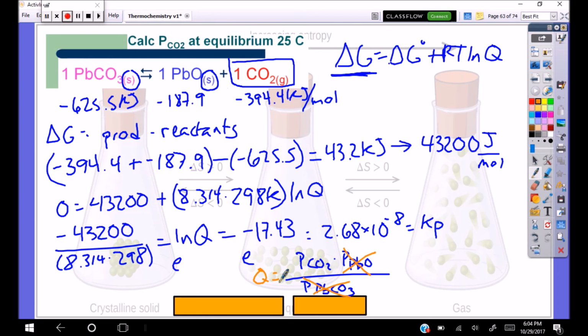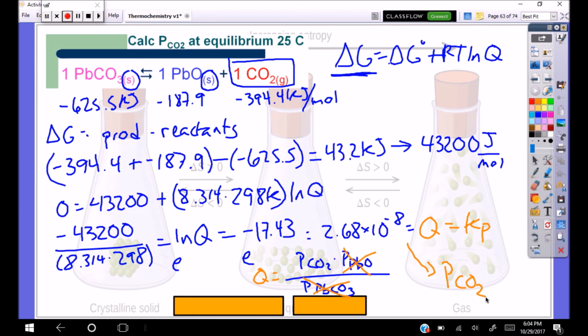So since this is equal to Q, which is equal to Kp, we also know that this is equal to our pressure of CO2. That is a really, really low pressure. Oh, and let's think about it.